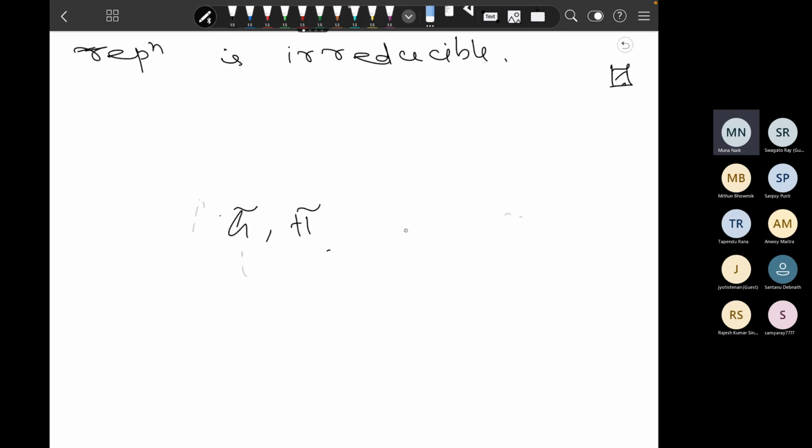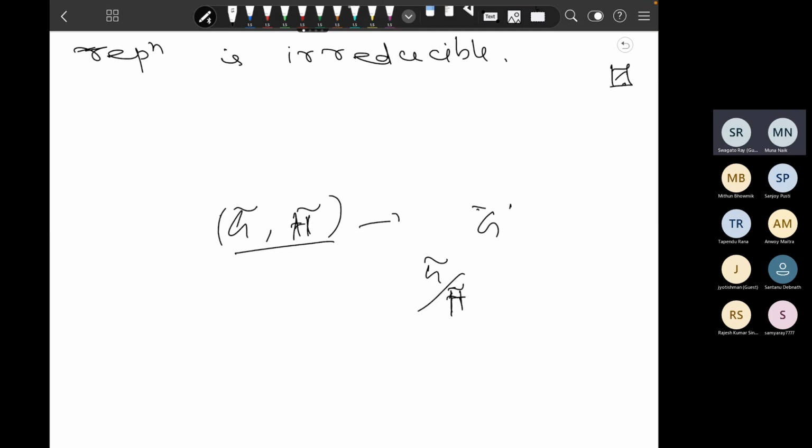Now I look at the Riemannian symmetric space G tilde mod H tilde, which is basically G. Now I want to look at differential operators on G tilde mod H tilde which are left invariant under G tilde and right invariant under H tilde. That would be a commutative algebra because it's a Gelfand pair. Now those differential operators are related to differential operators on G. Which operators?